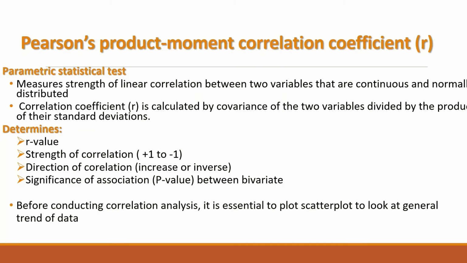Before conducting correlation analysis, the Pearson product moment correlation test, it is essential to plot the scatter plot to look at the general trend of the data and to make sure that the data adhere to the assumptions for doing the test.